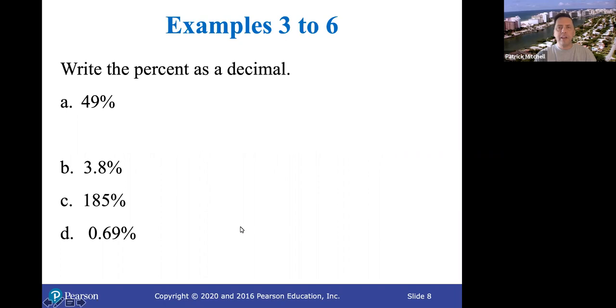All right, so the examples should be pretty simple. They all kind of work the same. Okay, if you want to change 49% into a decimal, replace the percent sign with the decimal 1/100th, and then multiply by moving the decimal point 2 places to the left.